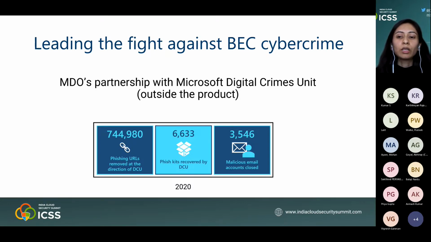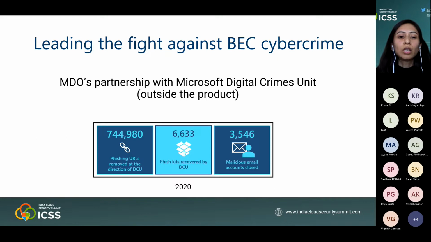In mid 2020, DCU took legal action in partnership with law enforcement and stopped phishing campaigns using COVID-19 lures. Additionally, with the help of civil cases, they obtained a court order and proactively took down criminals' malicious domains.